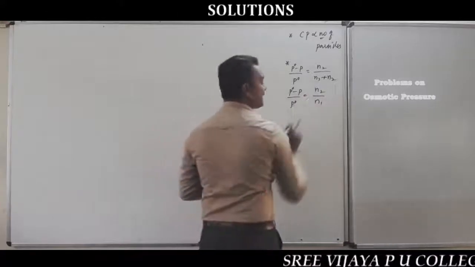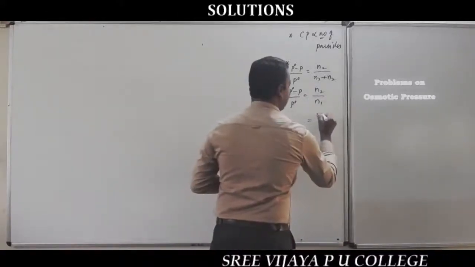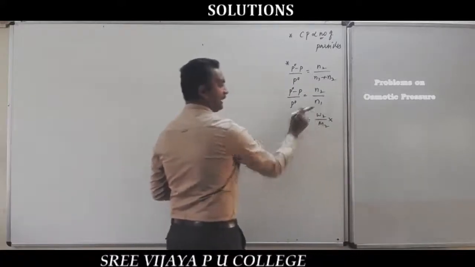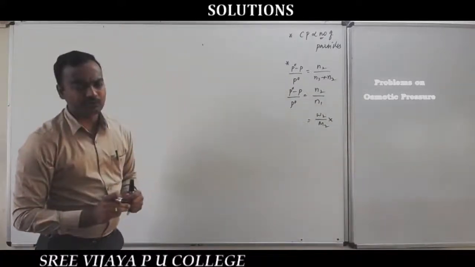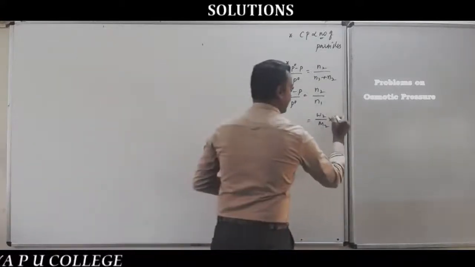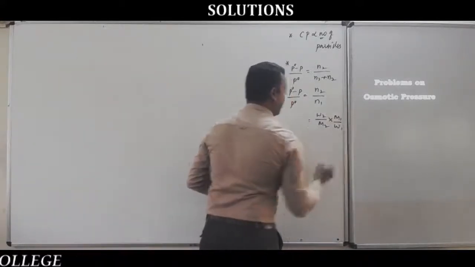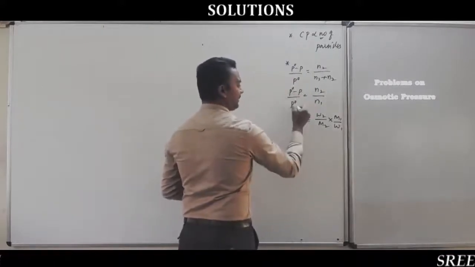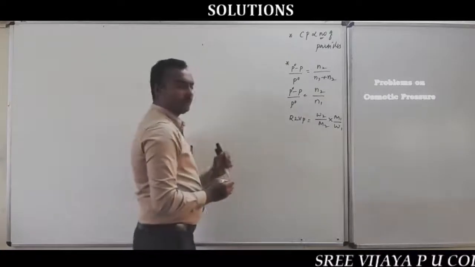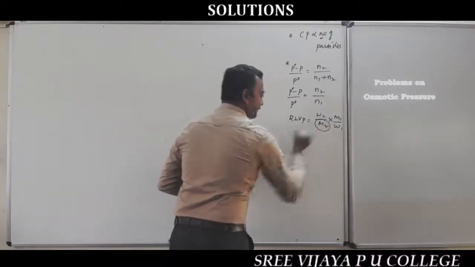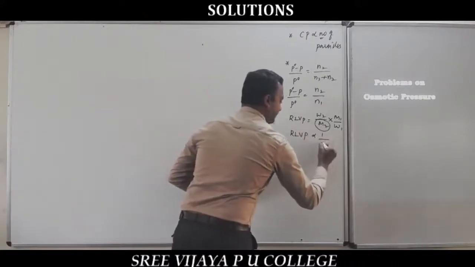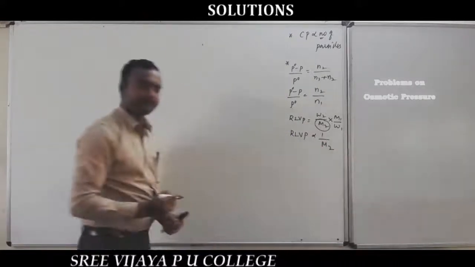Here n2 is the number of moles of solute, that is mass divided by molar mass of the solute, and n1 is the number of moles of solvent, that is mass of solvent divided by molar mass of solvent. (P naught minus P) over P naught is called the RLVP. In this RLVP, we observe the molar mass of solute. Therefore, RLVP, the relative lowering of vapor pressure, is inversely proportional to the molar mass of solute.